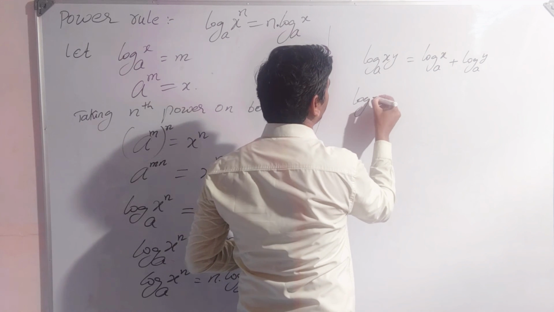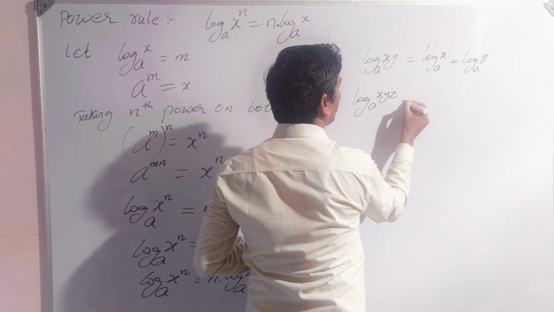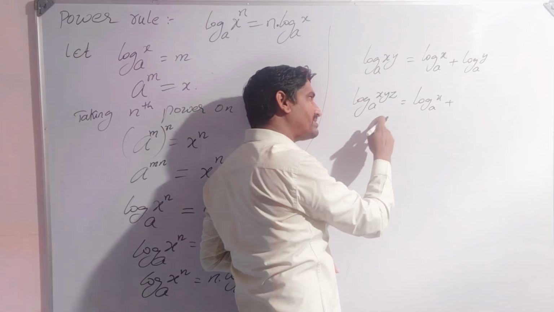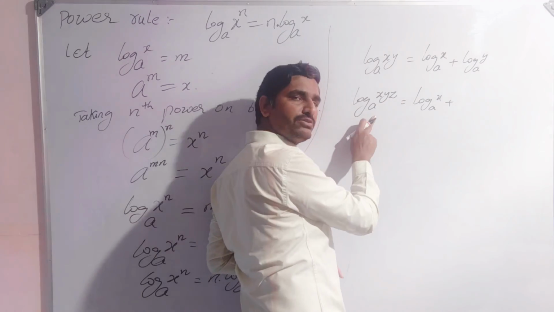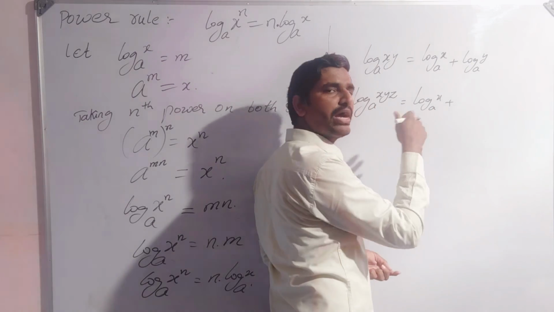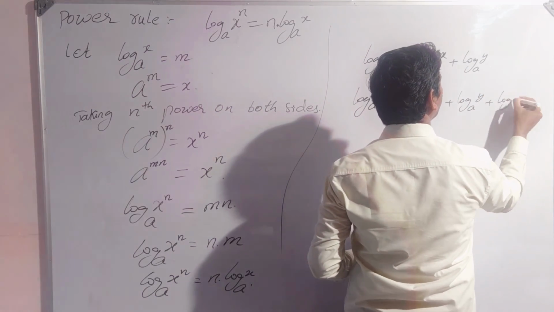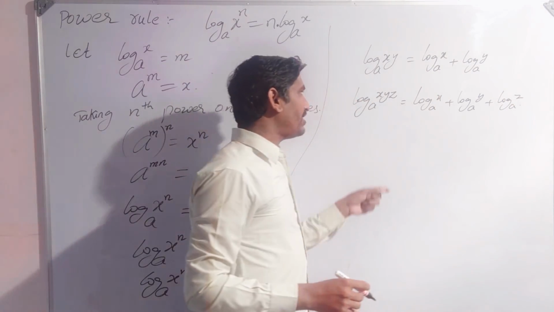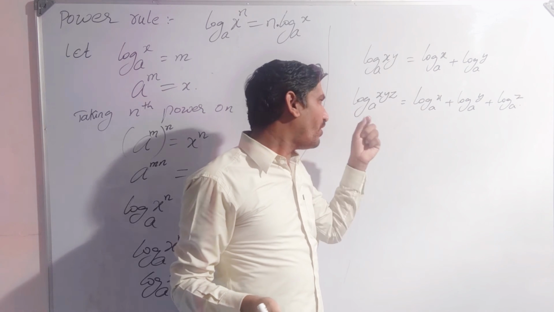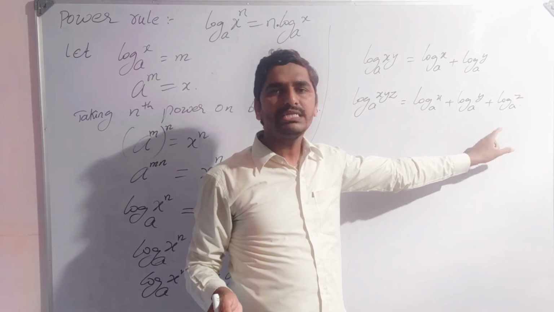For example, if three terms are there, the logarithm of xyz to the base a is log x to the base a plus logarithm of y to the base a plus logarithm of z to the base a. Not only 2 or 3, but more than that: whenever multiplication is there, we write it as plus.